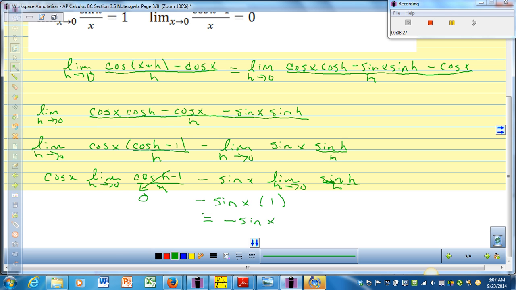I won't give the special limit, but I would give the sum and difference formula. Okay, so you can give yourself a little note right now. The derivatives of all of these co-functions are negative.